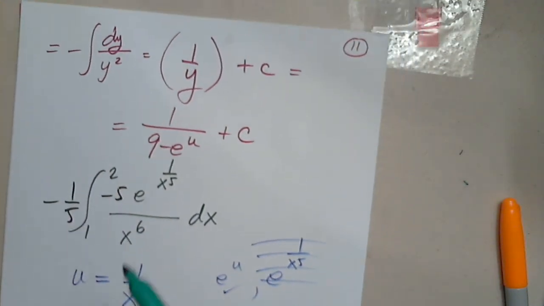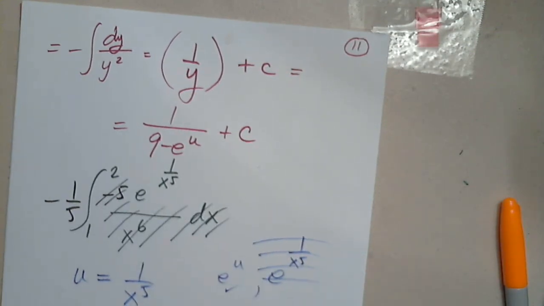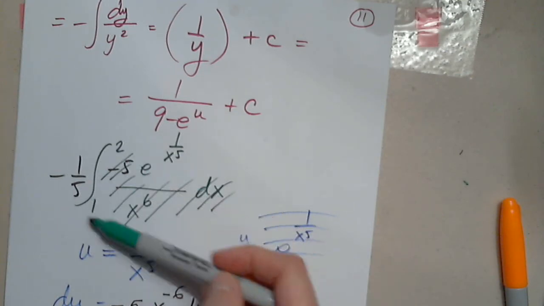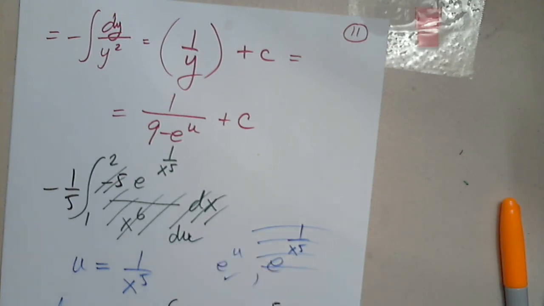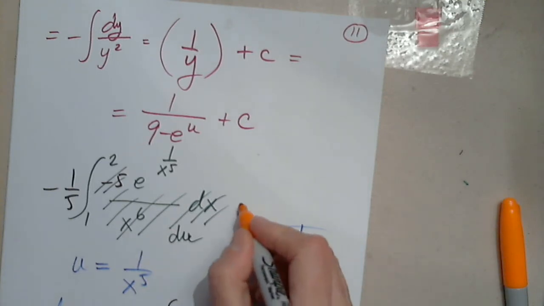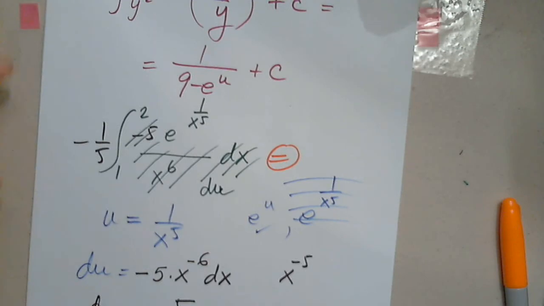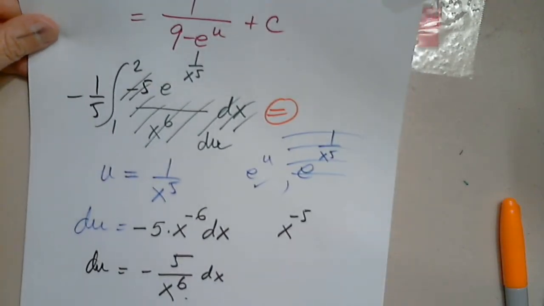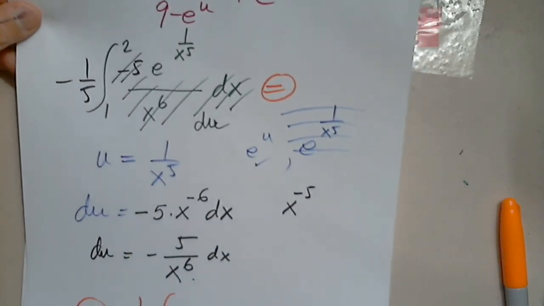So now, all this, the negative 5, the x to the 6 in the denominator, and dx, will be replaced by du. So then, what is left? A negative 1/5 outside. And then do not copy the limits of integration. Just tell me what you write first, and then we'll go back to the limits.